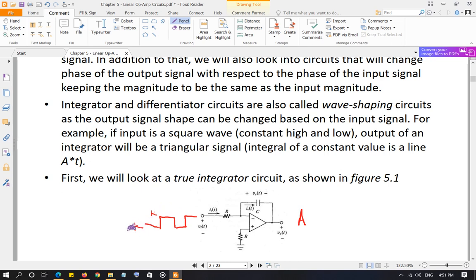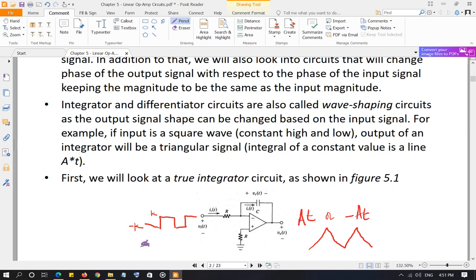Likewise, the integral of a negative constant value is a negative slope. So you can expect the output to be A times t or negative A times t, or in other words, it is going to be like this. So if you have a square wave, the output is going to be a triangular wave.